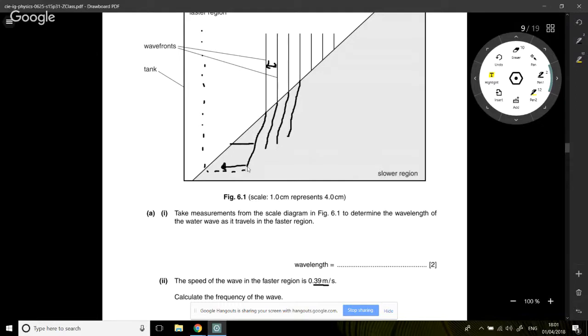And because this region is slower, this allows the wave to move faster here before it hits this region. And this one has to then get swept back more and more. So that's why these lines are inclined backwards a bit.